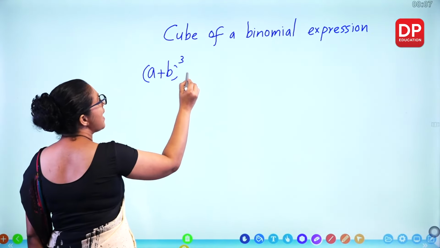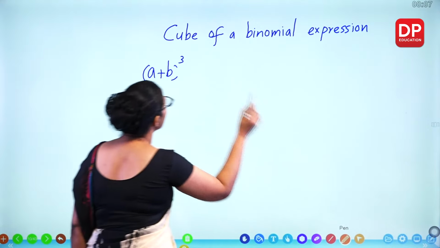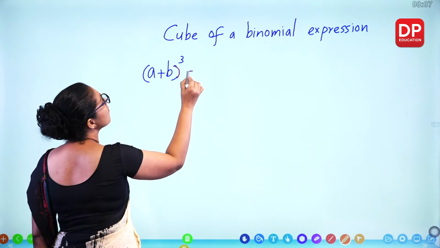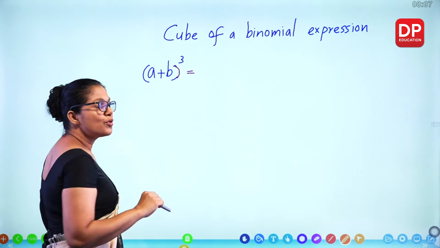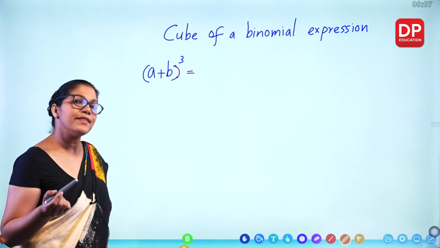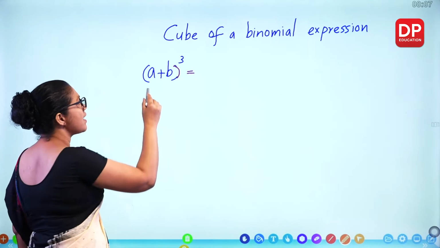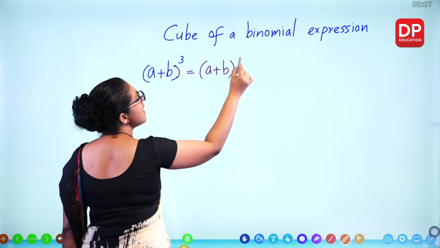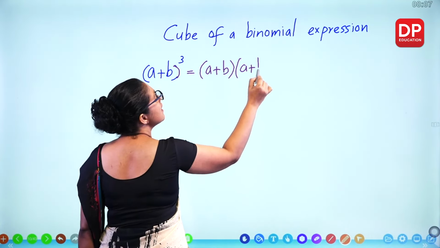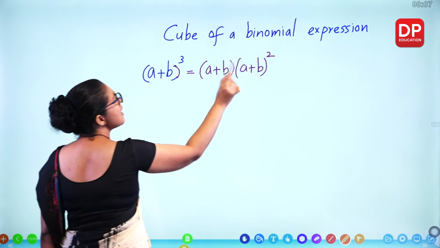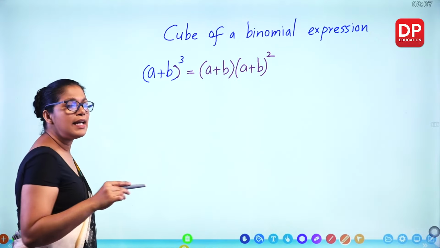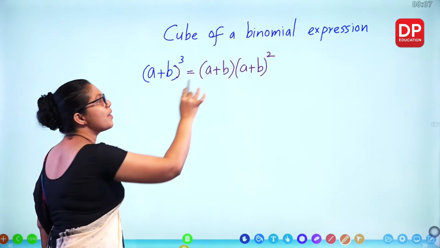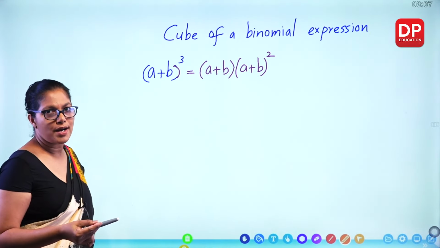So when you are expanding, we know how to expand the square term. So I can rewrite this as a plus b once and a plus b squared. So same thing, power 3 is power 2 and another power 1.